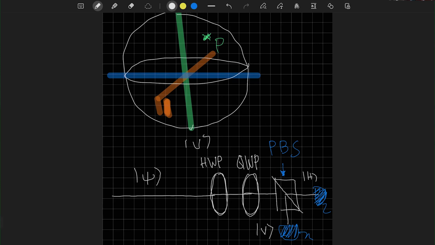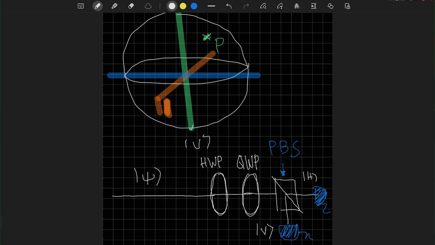The quarter wave plate converts diagonally polarized light into circularly polarized light. These two wave plates can be rotated at different angles. They change the quantum state so that your quantum state is now aligned with this analyzer. So instead of changing the measurement basis, we change the state in a predetermined way.